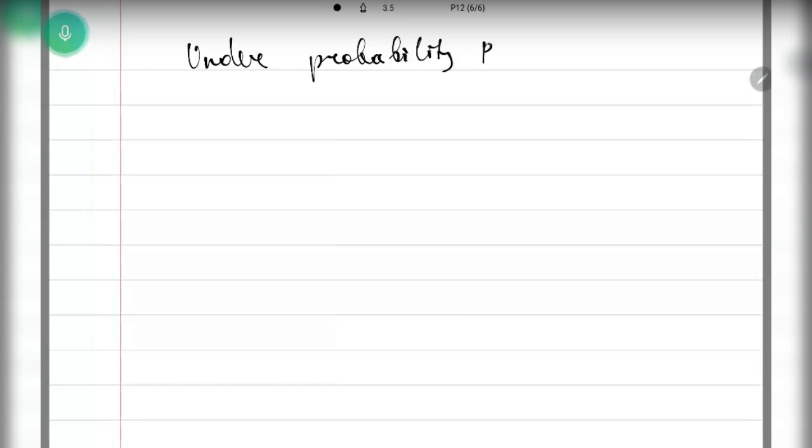What do we have at this point of time? Under probability P star, Mt, the discounted share price, exponent of minus rt times St, is a martingale.